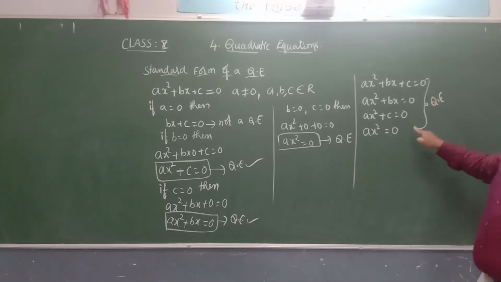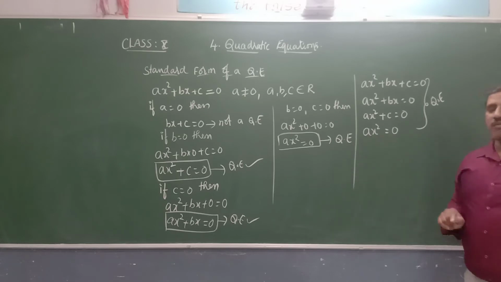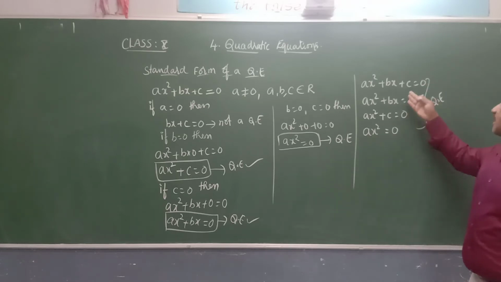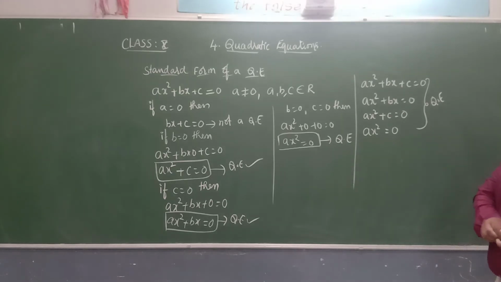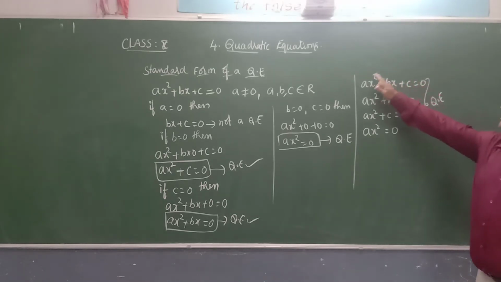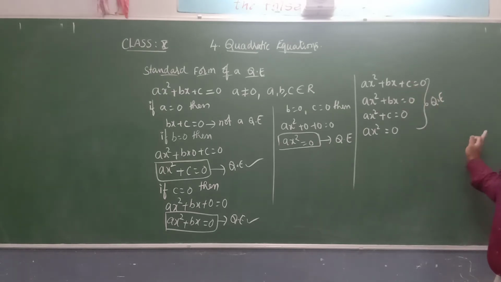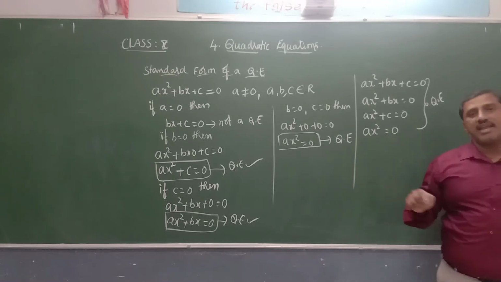Even though b is 0, or c is 0, or both b and c are 0, as long as a is not equal to 0, the equation is still a quadratic equation.